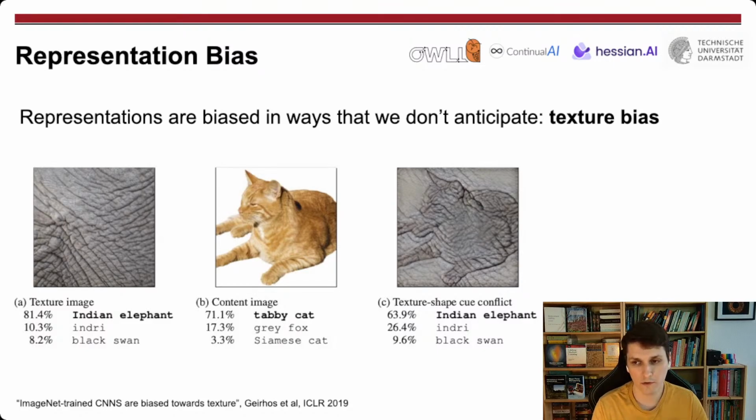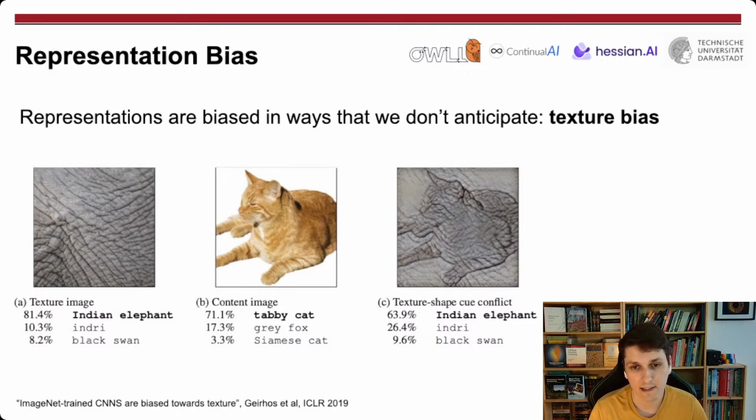For convolutional neural networks pre-trained on the ImageNet database, and we recall that ImageNet is so popular because it's been one of the largest databases for a very long time, apparently if you train on this, even though there may be some geometric features in the image like this cat, like the shape of the ears and the shape of the paws and so on, this is much less relevant in the learned patterns than, for example, texture.